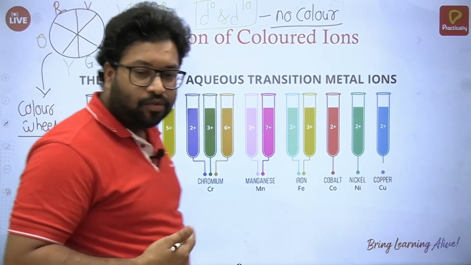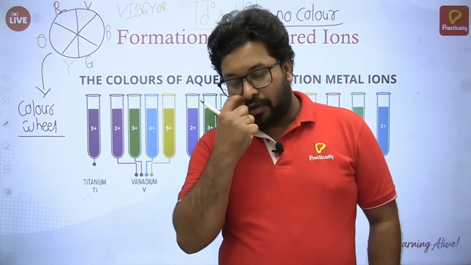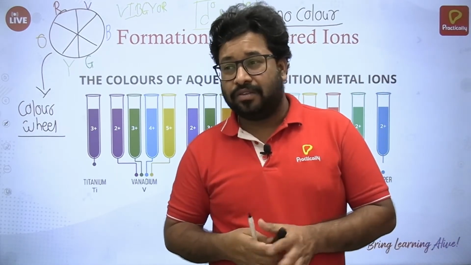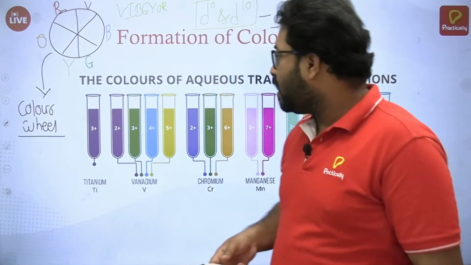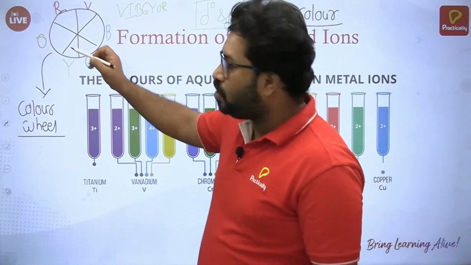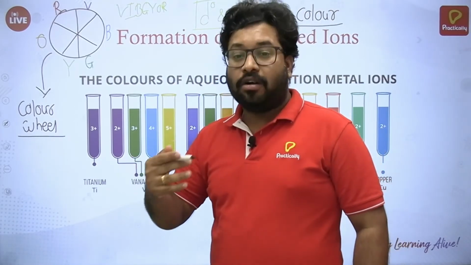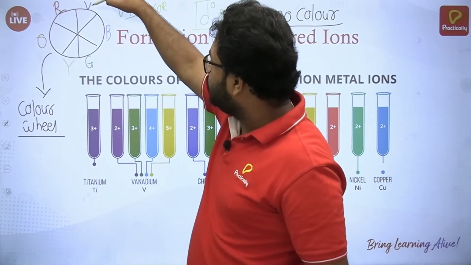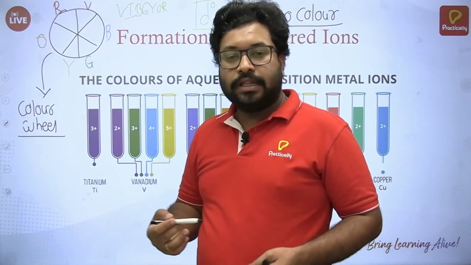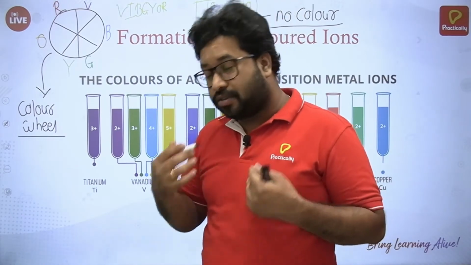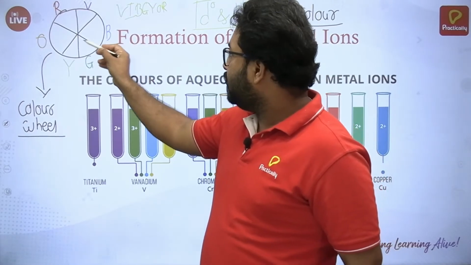Now, why am I telling you about this color wheel? Whenever you have a compound made up of a d block element, suppose it absorbs the frequency or wavelength corresponding to violet color, then it would look yellow. If it absorbs blue, it will look orange.